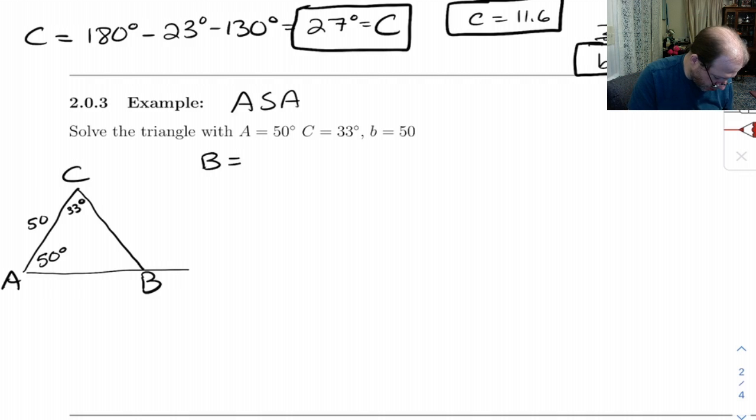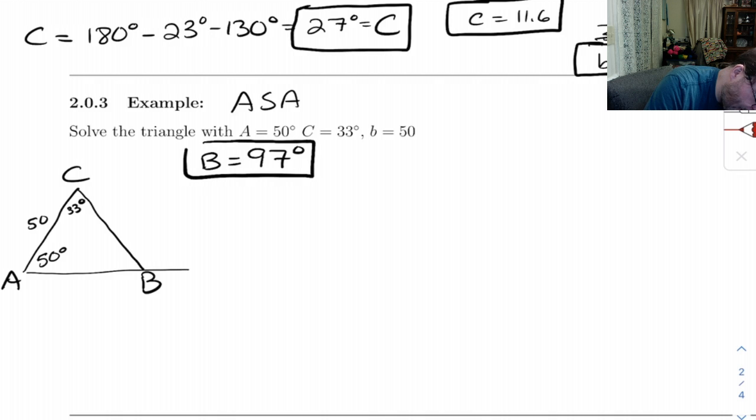That missing angle is going to be 180 minus 50 minus 33. Yeah, it's going to be 97. Why am I using a calculator? So B is 97 degrees. And then we can just work out the other two sides like we've done before.